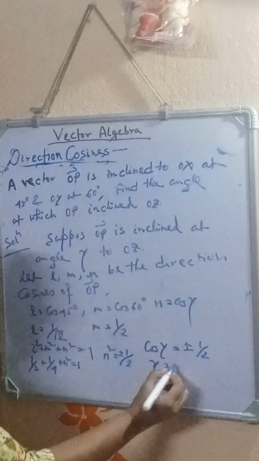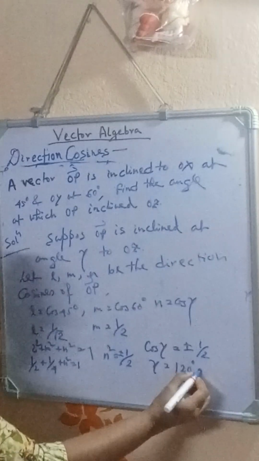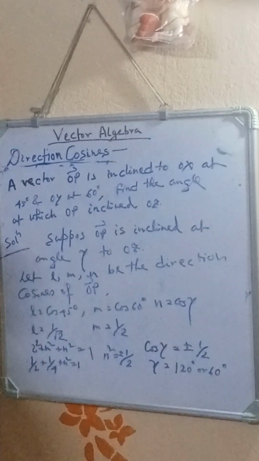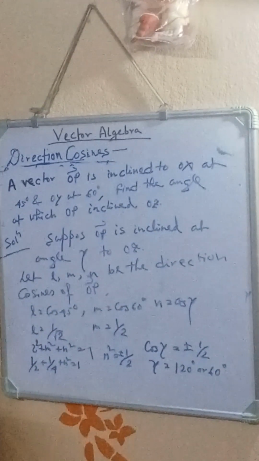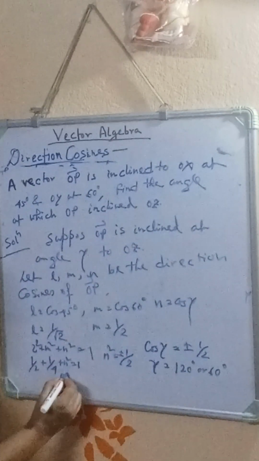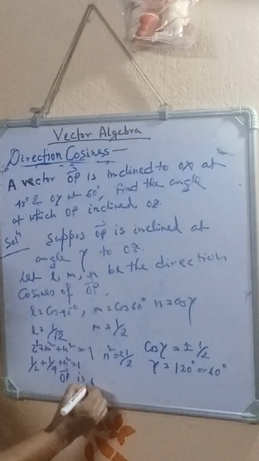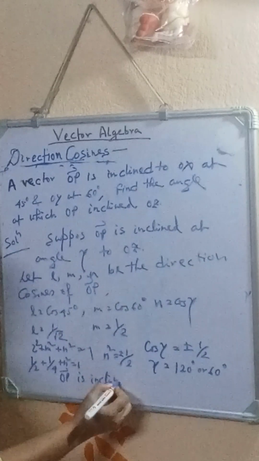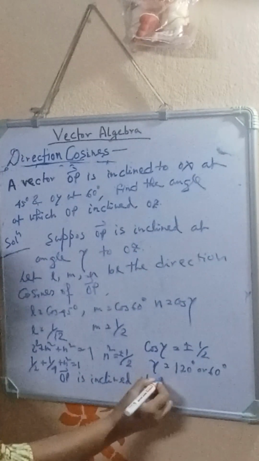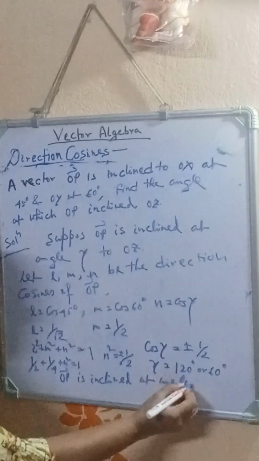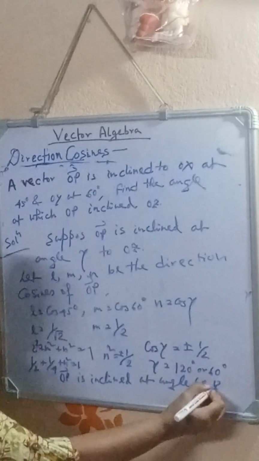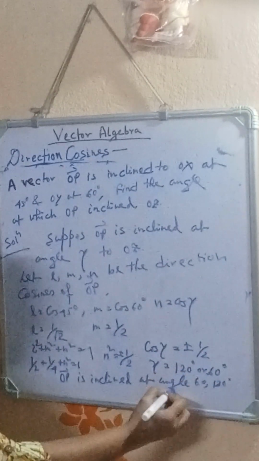Therefore, gamma equals 60 or 120 degree. Therefore, OP is inclined at angle 60 or 120 degree to OZ.